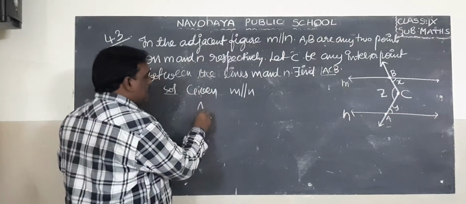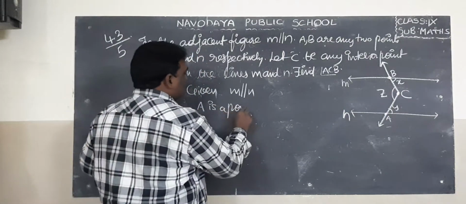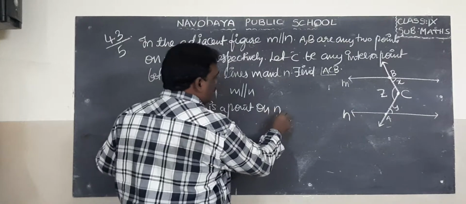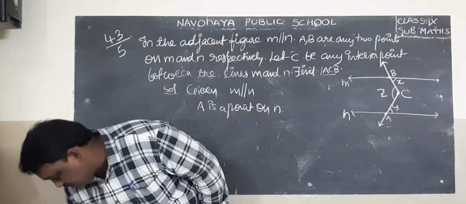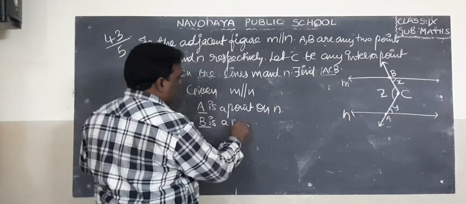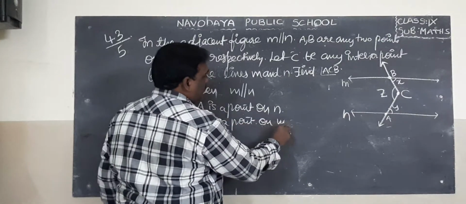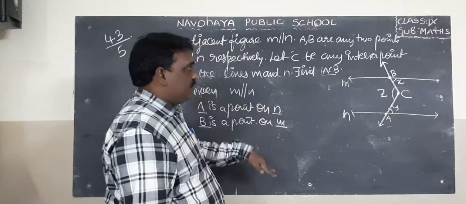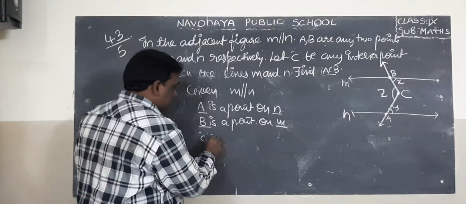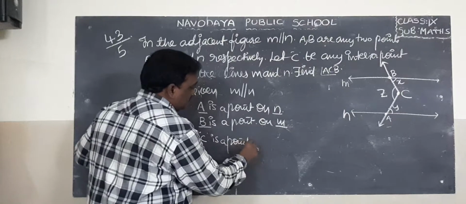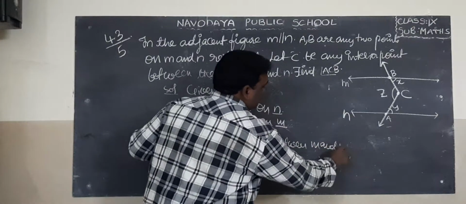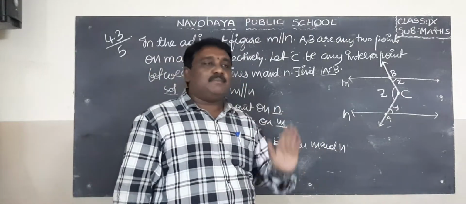Next, A is a point on N. Next, B is a point on M. Next, C is a point that lies between M and N.